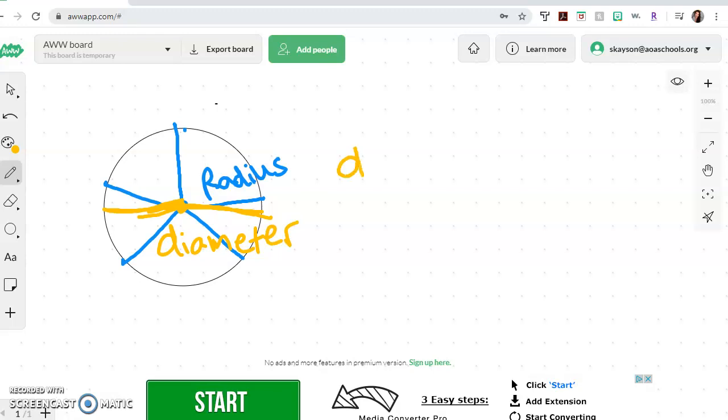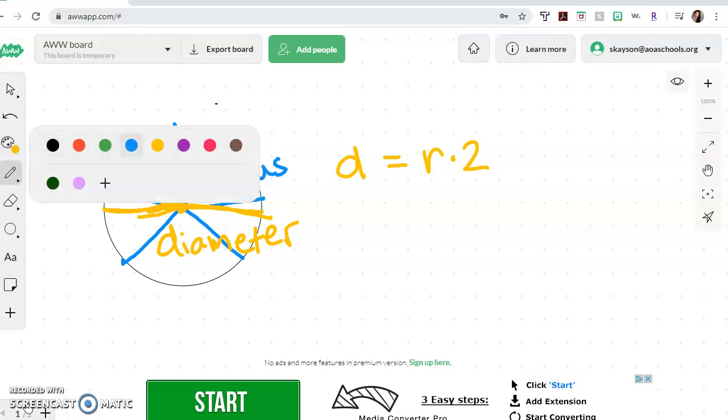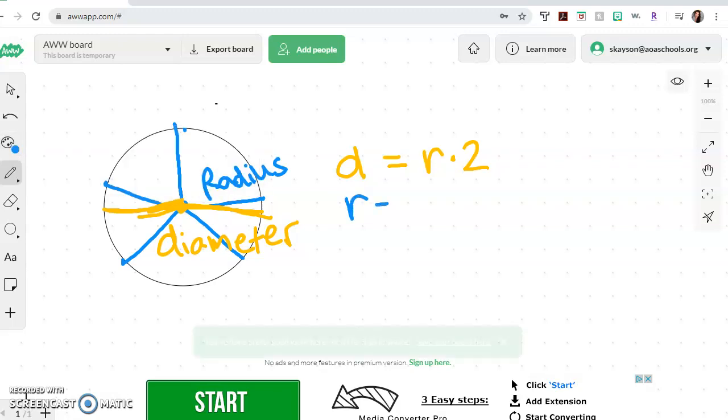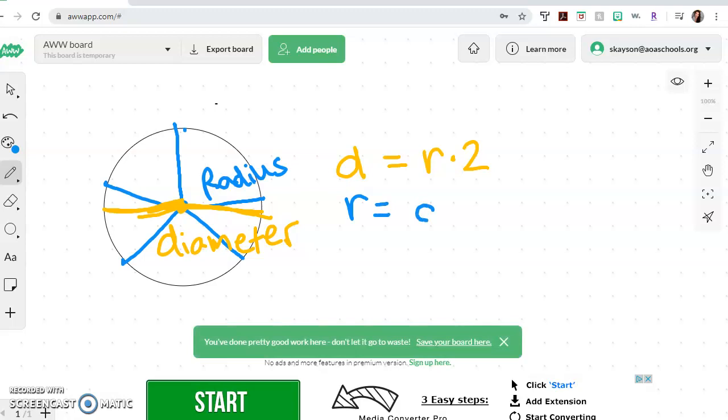So the diameter is equal to the radius times 2. A radius plus a radius equals the diameter. Then we can go the other way around and say the radius is equal to the diameter divided by 2. So if you take the diameter and divide it by 2, you get a radius.